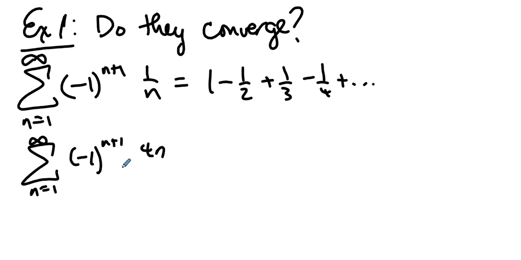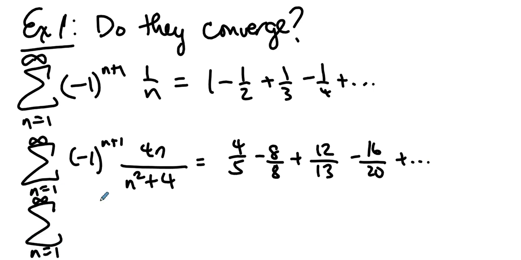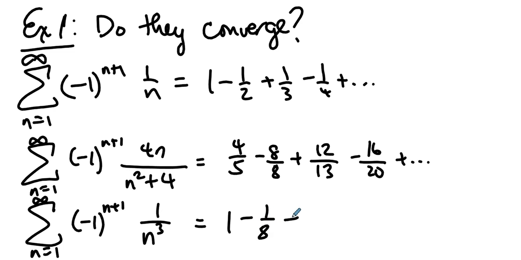Let's do the 4n over n squared plus 4. That's 4/5 minus 8/8 plus 12/13 minus 16/20 and so on. And then let's do 1 over n cubed. That's 1 minus an eighth plus a 27th minus a 64th and so on.